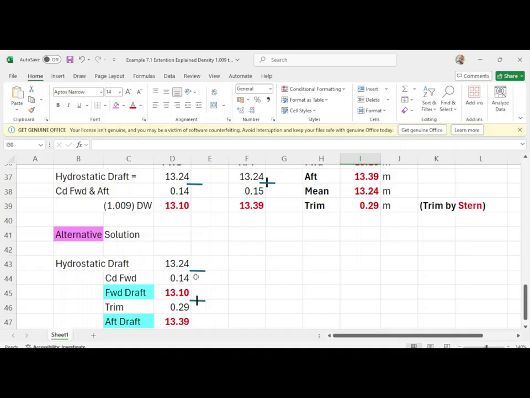So minus it, 13.24 minus 0.14, then you will have a forward drop, which is 13.10, which is this one. Okay, then once you have your forward drop, you add your trim of 0.29, then your up drop will be 13.39, which is the same.